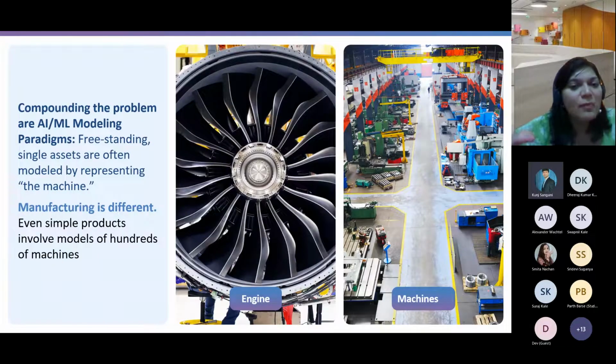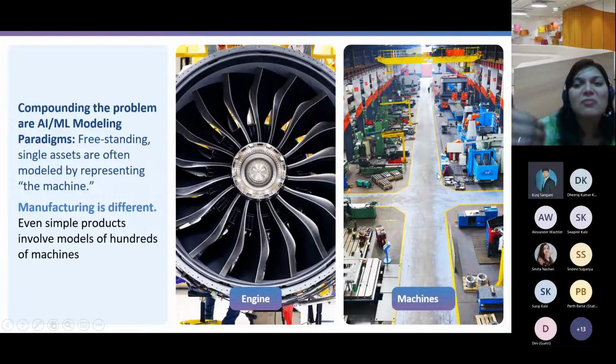And compounding the problem is what you define as a machine. From a digital twin perspective, a small rotary fan or a turbine could be a machine, and the entire shop floor comprising various machines could altogether be a machine. So it is very difficult for me to define and represent a machine and achieve analytics for that.